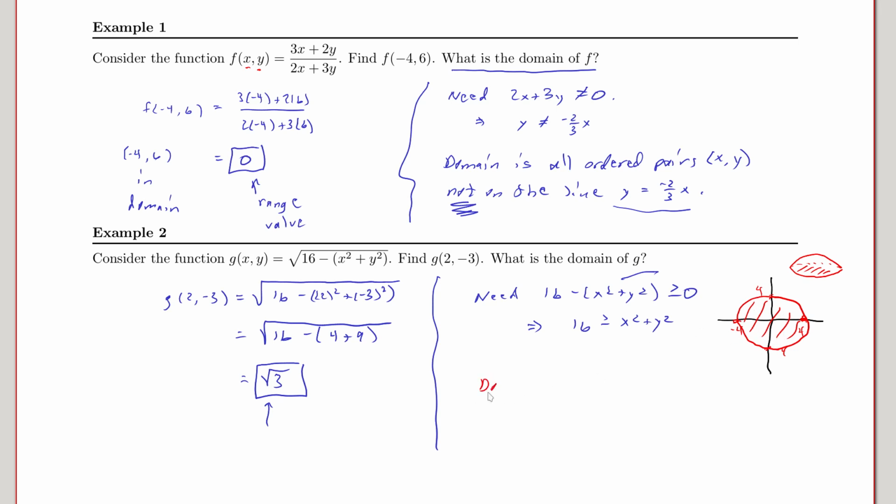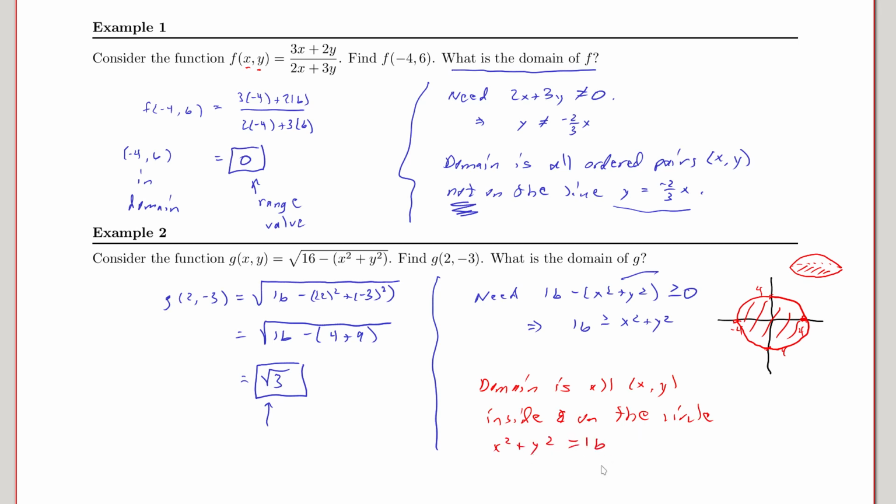So your domain is all ordered pairs xy inside and on the circle x squared plus y squared equals 16.